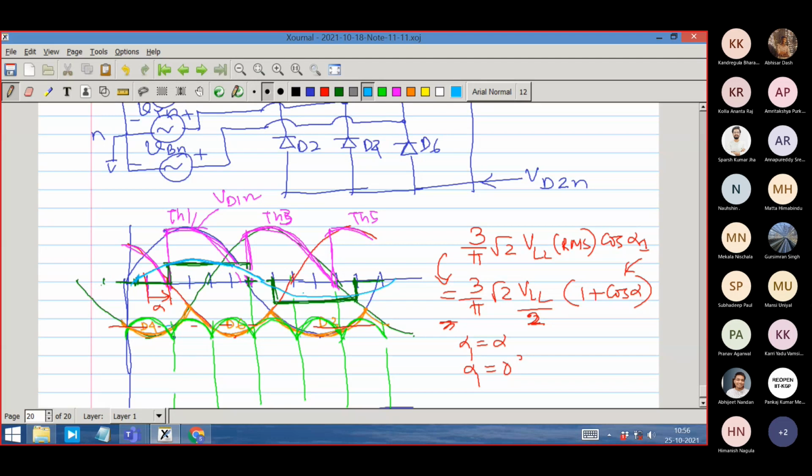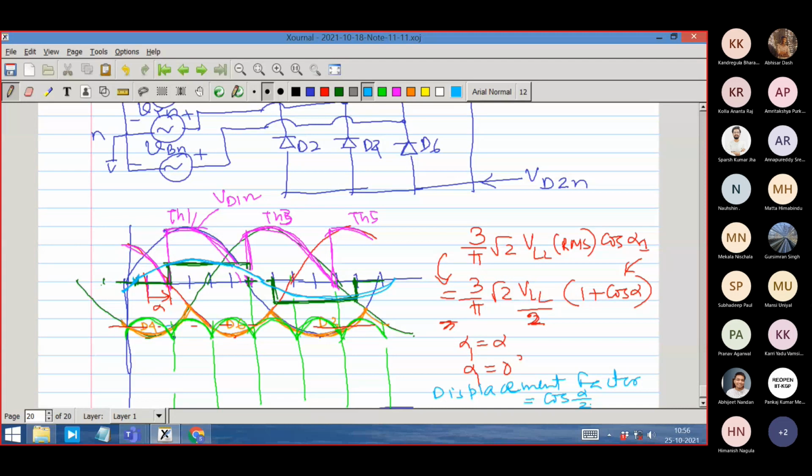If we do that, it will be like this. So it will have a displacement factor equal to cos alpha by 2, as we have seen in a semi-bridge converter earlier.